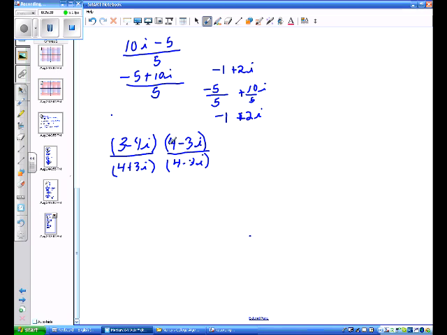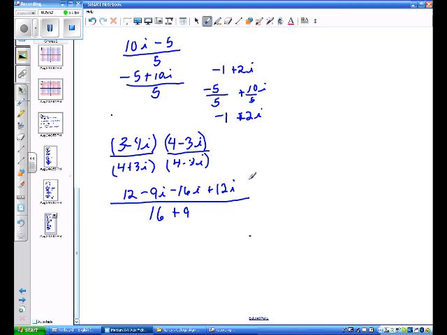So we have 3 times 4 is 12. 3 times negative 3i is negative 9i. Negative 4i times 4 is negative 16i. Negative 4i times negative 3i would be a positive 12i squared. Divided by, since these are conjugates, it's going to be a squared, which would be 16, plus b squared is 9.